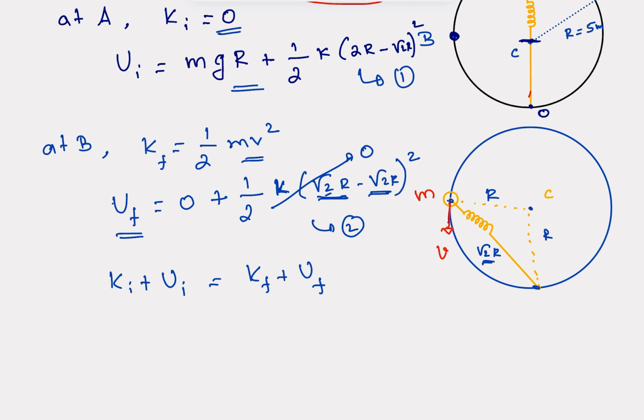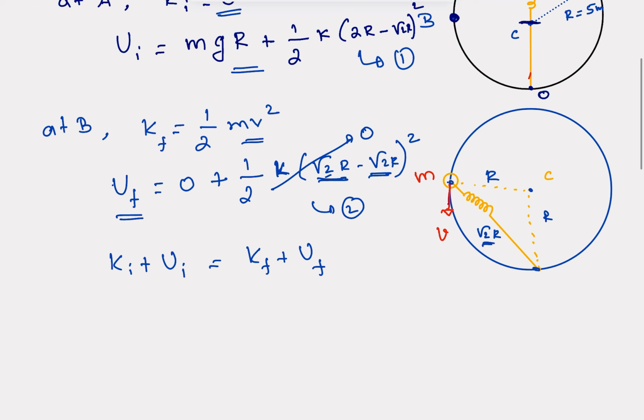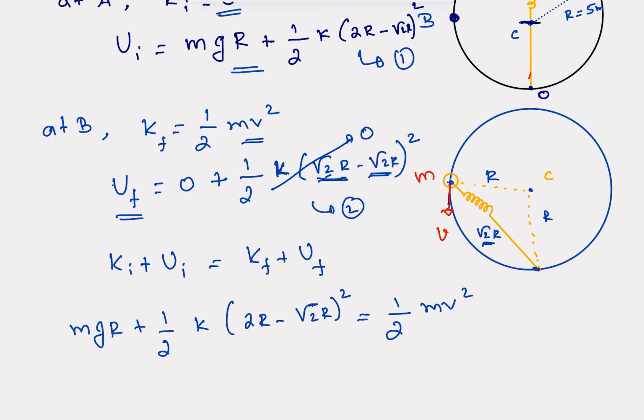My initial kinetic energy is 0, so I don't mention it, but initial potential energy is simply mgr plus 1 by 2 k, root 2r minus root 2r whole square. That is equal to the other side, the final kinetic energy, 1 by 2 mv square, and I don't mention the other term, which is 0.